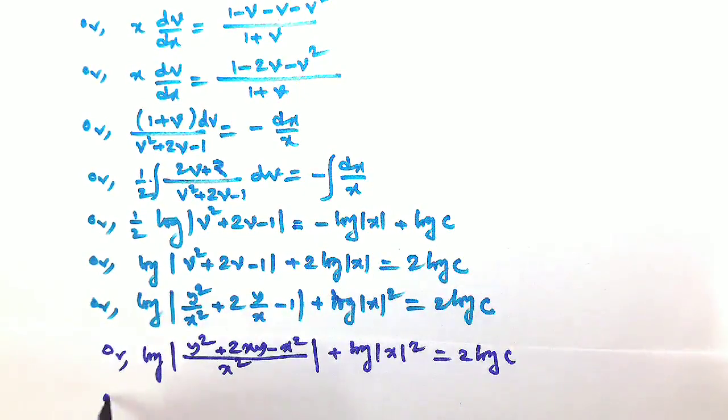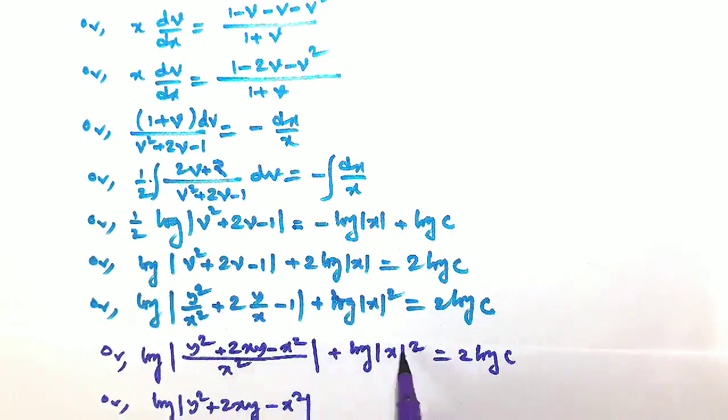So friends, we can write now log of only y square plus 2xy minus x square, because you know that log u plus log v is equal to log of u into v, so that x square will be cancelled, and on the right side we have twice log c, meaning log of c square.